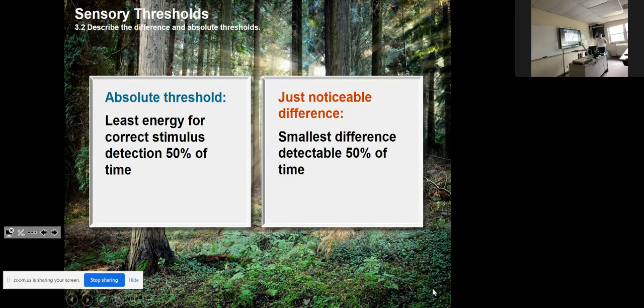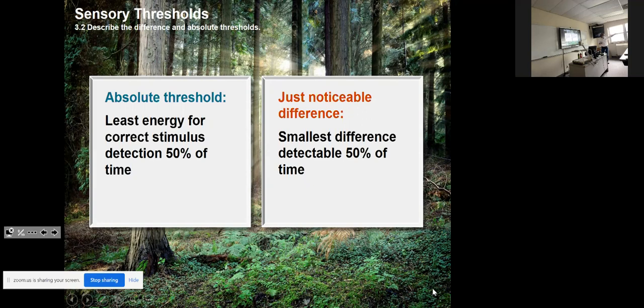So on each of those high end or low end, they want to see, 50% of the time, can you respond when you hear that? Can you hit that clicker when you hear that tone? And if it's less than 50%, they usually discontinue going any higher or any louder. So that's really what absolute threshold is: the amount of energy it takes for you to be able to detect that hearing signal. For sight, it might be that you're in the dark and somebody lights a candle a mile away. Are you going to be able to see that?